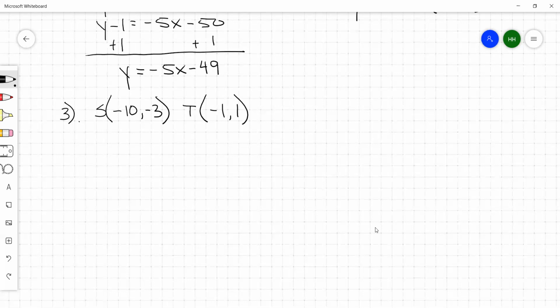So we don't have the slope right now, so that's the first thing we got to find. So our m is equal to 1 minus negative 3 over negative 1 minus negative 10. And 1 minus negative 3 is 4. Negative 1 plus 10, what's that, 9? So our slope is 4/9.